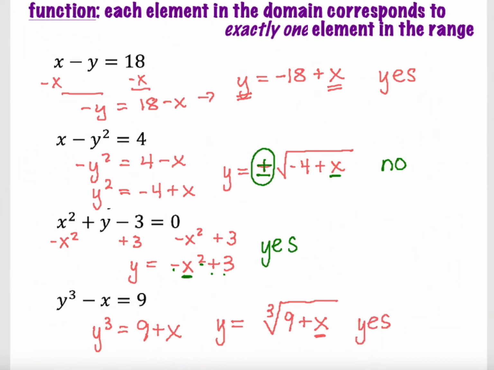So it would only be a problem when we have those even powers of y, basically. But I would like to see you solve those for y, so you can show me how you'd get those 2 outputs, the plus or minus, when you do an even root to both sides.